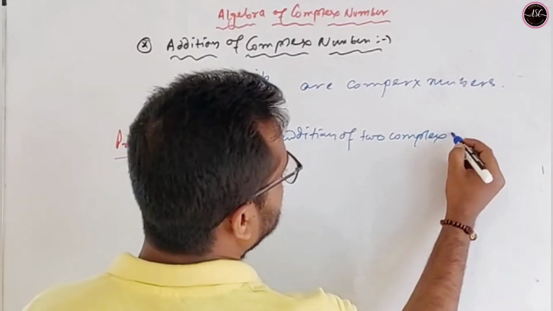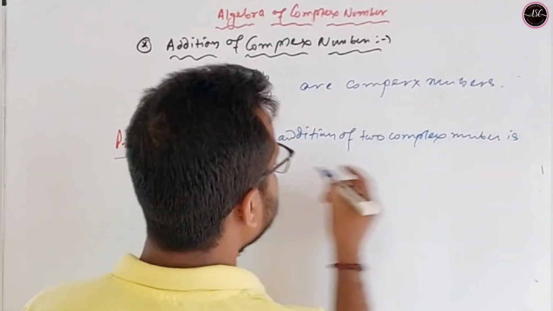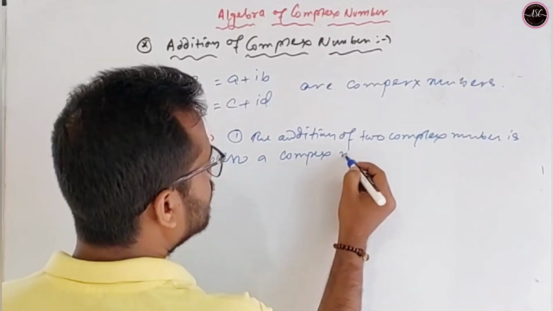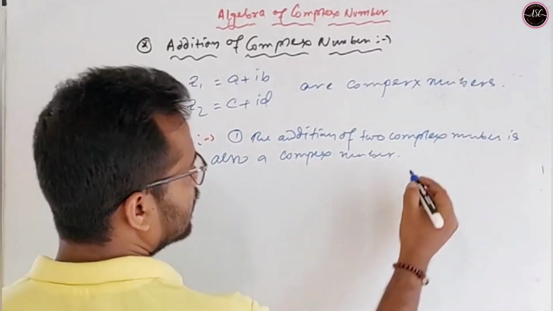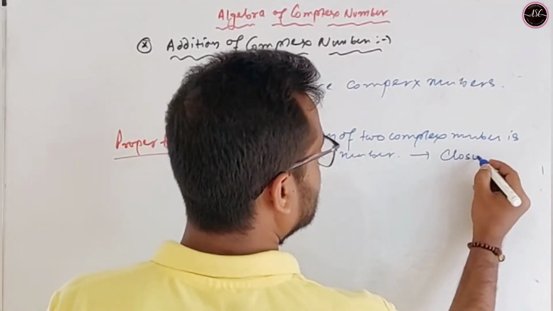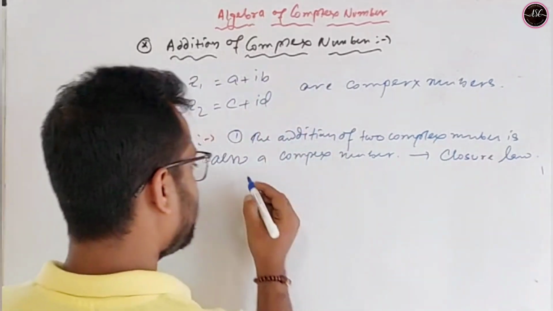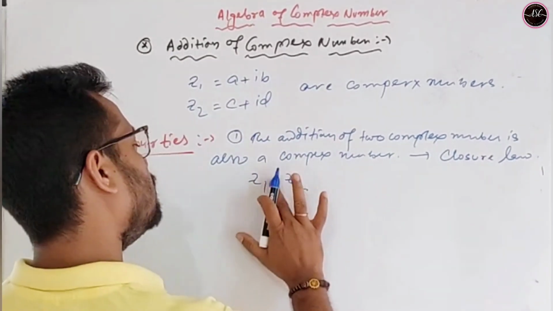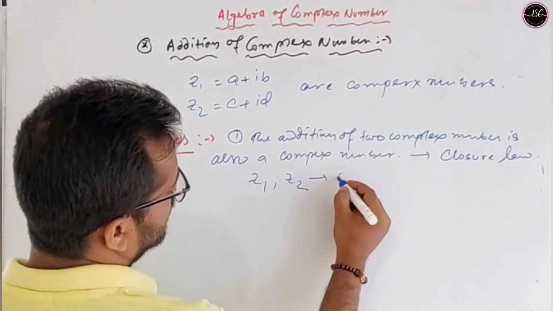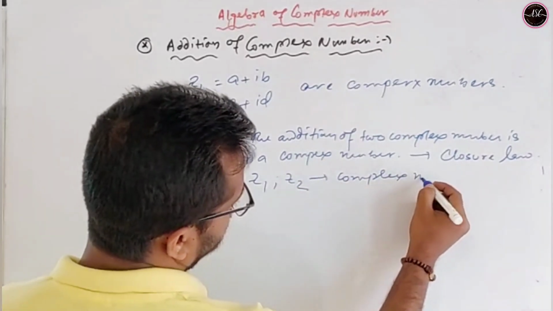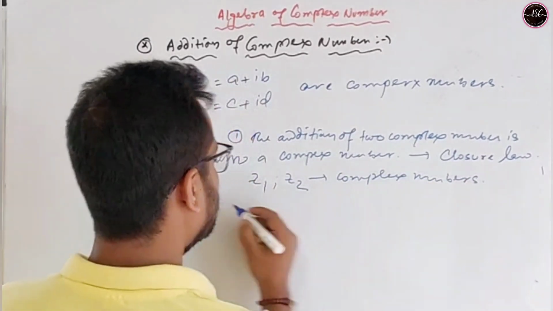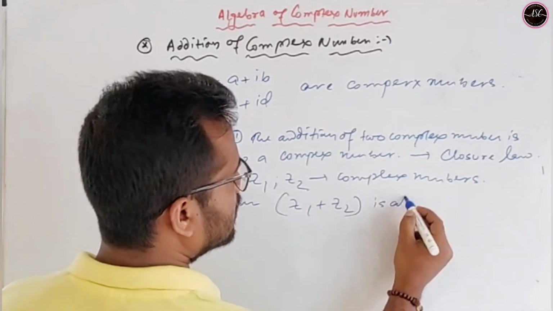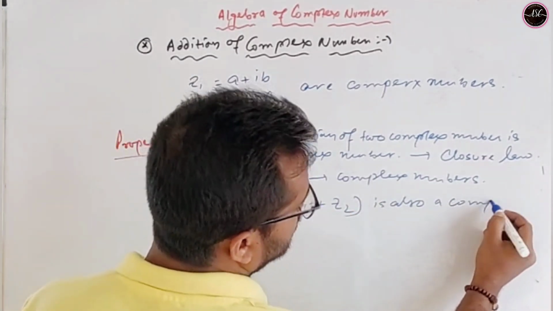That means if z1 and z2 are complex numbers, then z1 plus z2 is also a complex number.